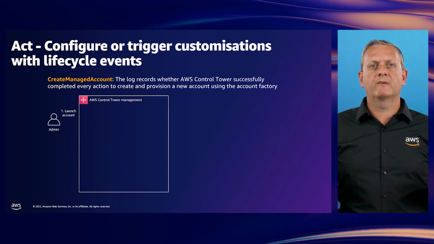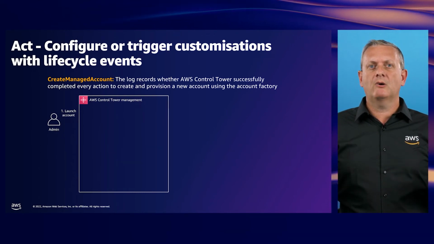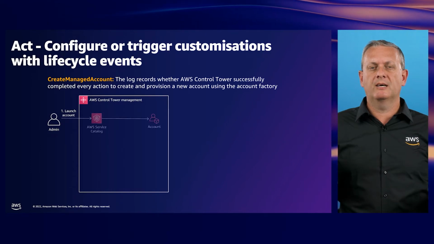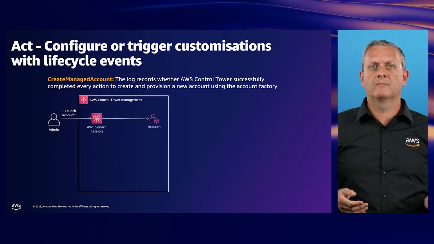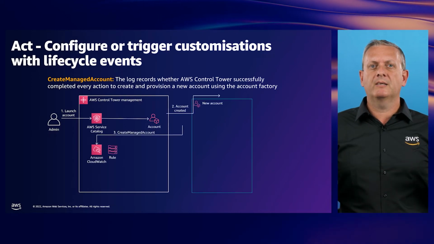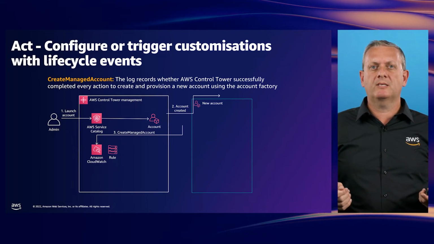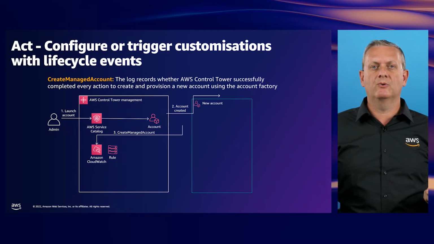So here is an example workflow using lifecycle events. A Control Tower administrator launches a new AWS account via Service Catalog. After account creation, the lifecycle event Create Managed Account is written to CloudWatch. The lifecycle event must successfully complete every action before being recorded in the log.